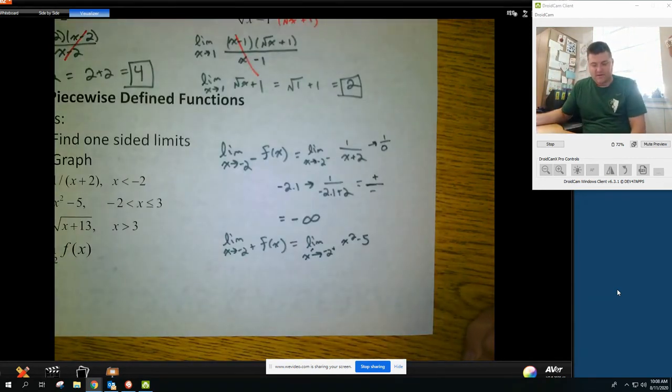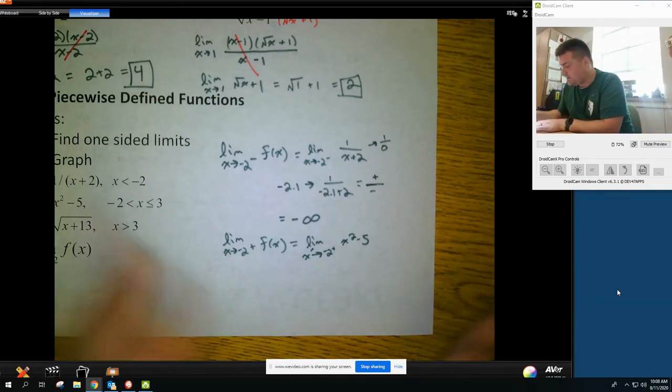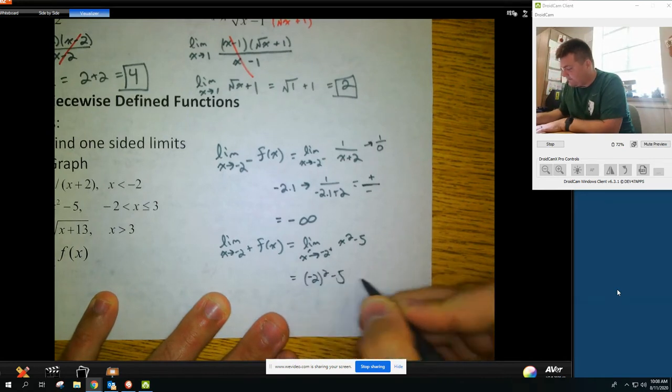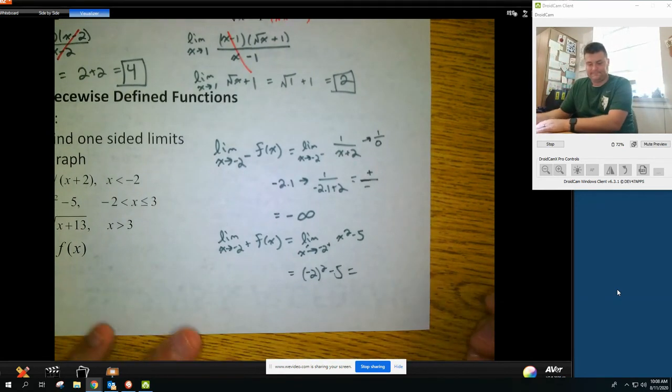Nothing fancy going on here. You can actually just plug in right off the bat and you'll get a nice answer. You don't need to use the limit laws because it doesn't ask you specifically to show how it works. So you're good just plugging this in. So you can do -2 squared minus 5, which is -1.